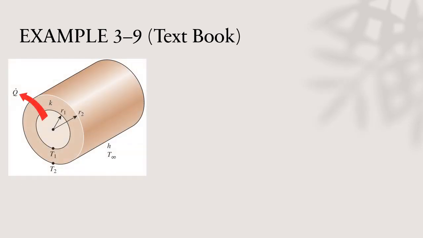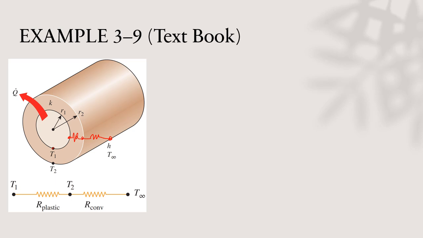All right, this is the schematic diagram similar to what we have seen in example 3-8. And we can draw the thermal resistor network from T1. So this is T1, resistance in the plastic insulator and resistance in the ambient, right?